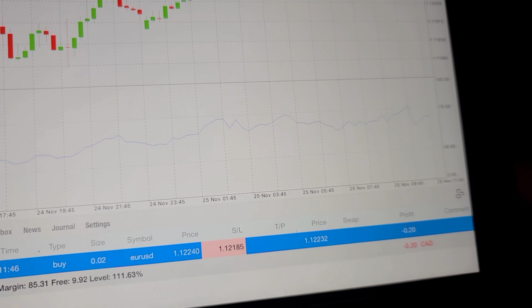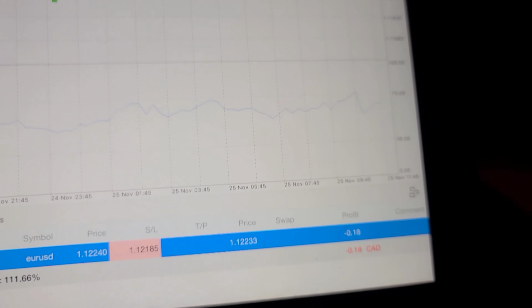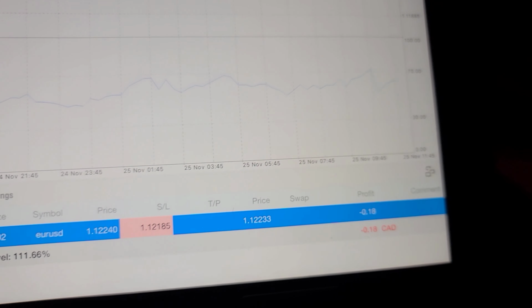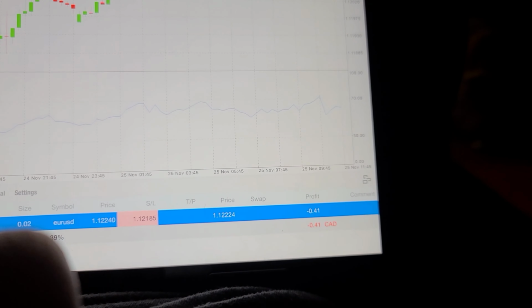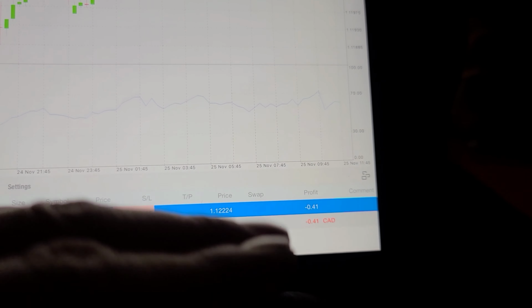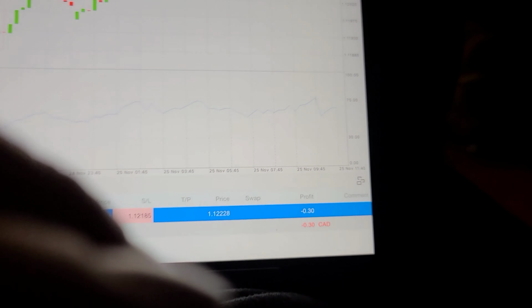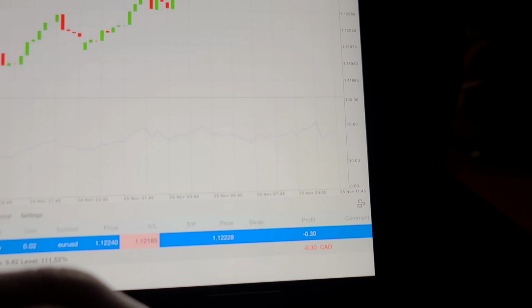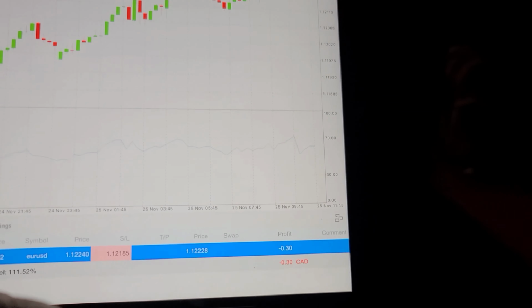I stress over the littlest amount of money. Like I'm stressing over 15, 20 cents. Because in my mind, I know that this could be hundreds of dollars or $200, $300, $400. That's how I think of it. I don't think of that as 41 cents. I think of that as $400, 38, 300. Like once I can master the confidence and the trading, that's what I'm going to be doing.